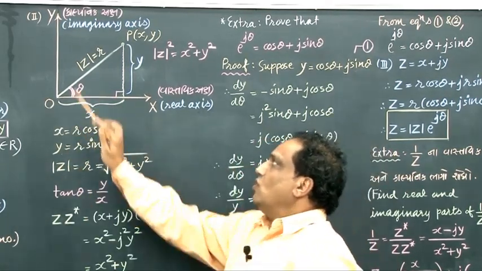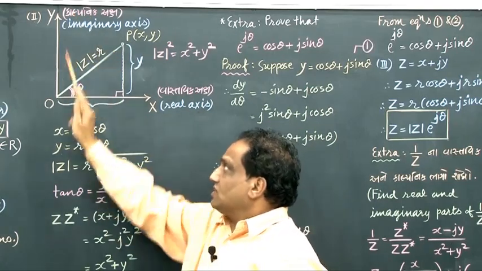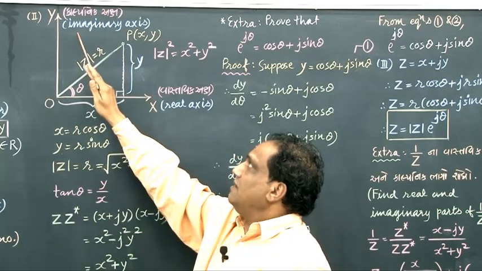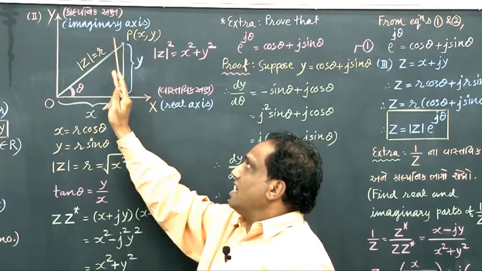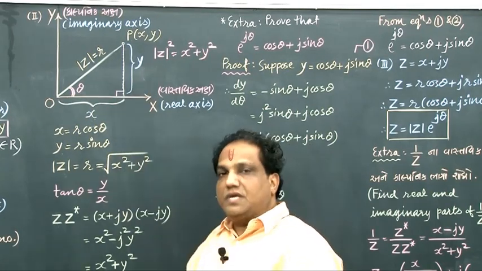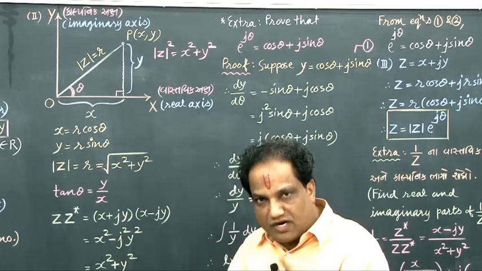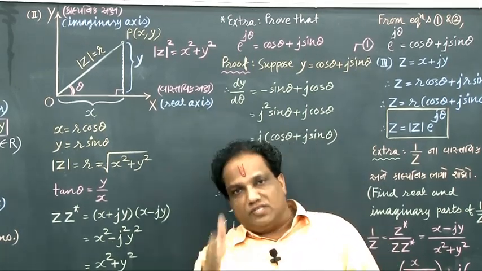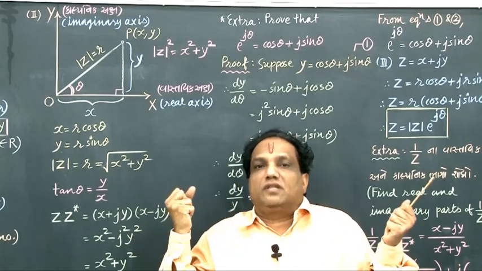And this whole y-axis, including positive y, including negative y, is known as the imaginary axis, and there on the y-axis we show the imaginary part. An axis on which the real part is shown is called the real axis. An axis on which the imaginary part is shown is called the imaginary axis.